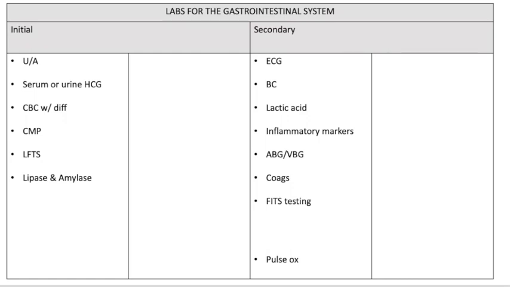So that would be unexplained weight loss, abdominal pain, age 40 or above. The FIT test is the quantitative fecal immunochemical test, and that is one of the ways that we find evidence of the cancer. If you're concerned with any type of breathing issue, vital signs and pulse ox are indicated.